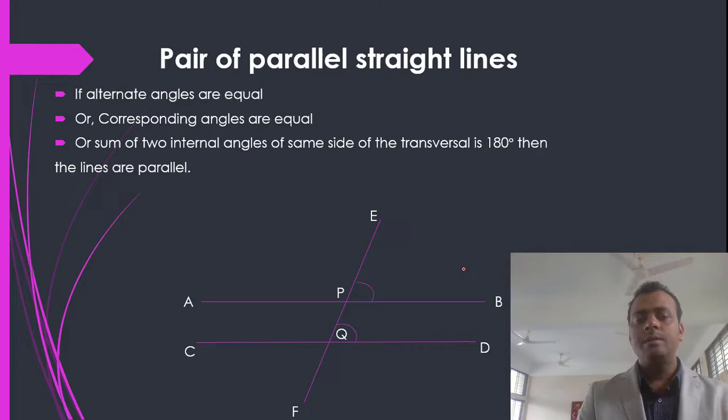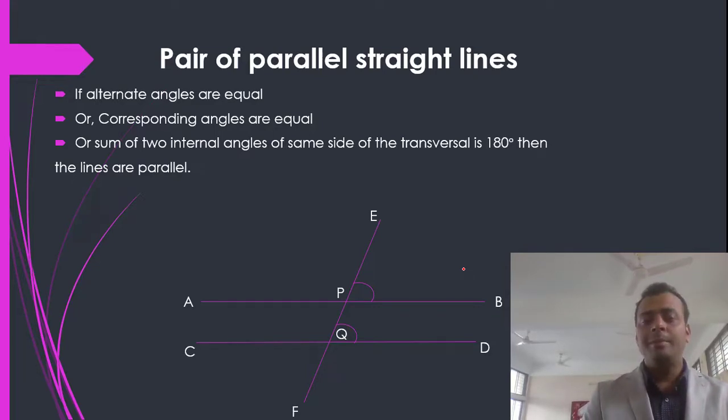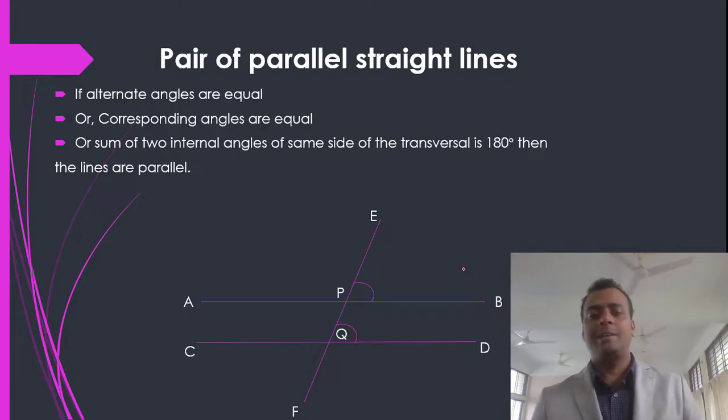Now you have measured these two angles EPB and EQD, and if you found that these two angles are equal, so you have come to the decision that EPB and EQD are equal and also their corresponding angles. So you can be certain that AB and CD are parallel.